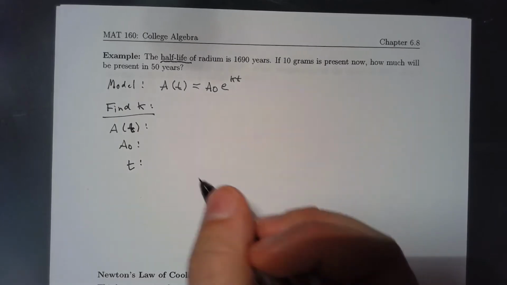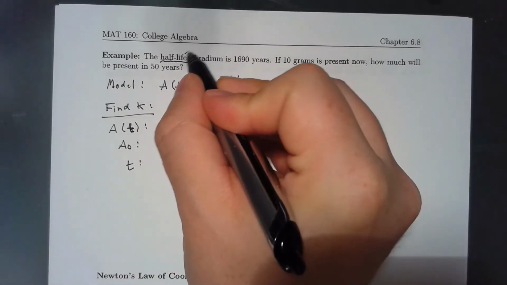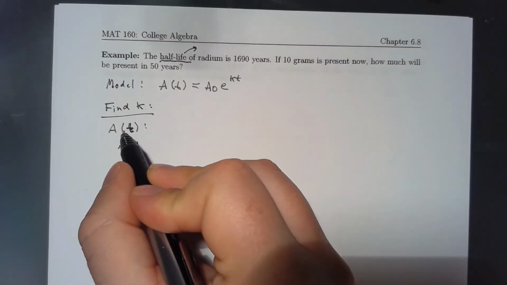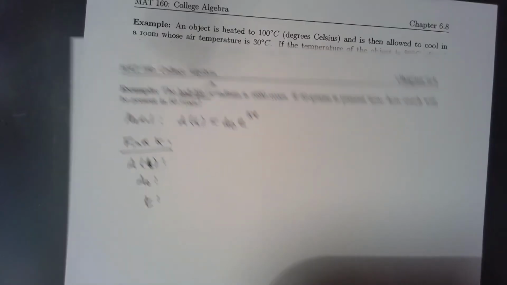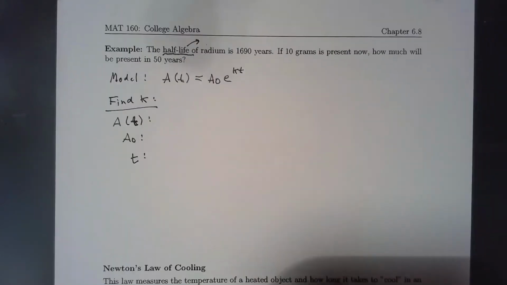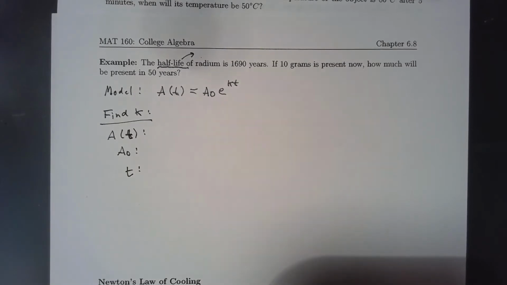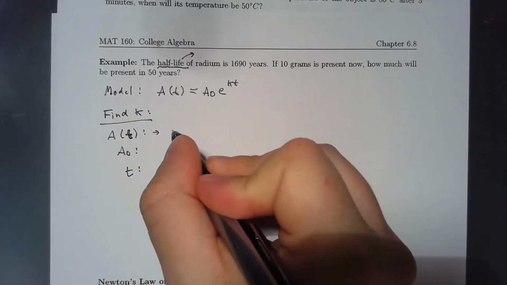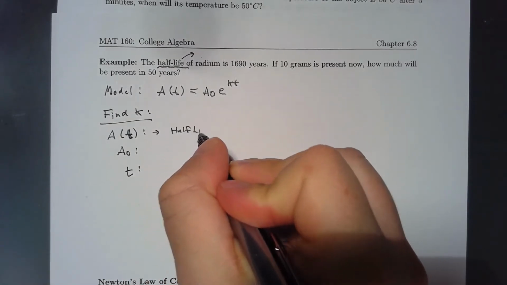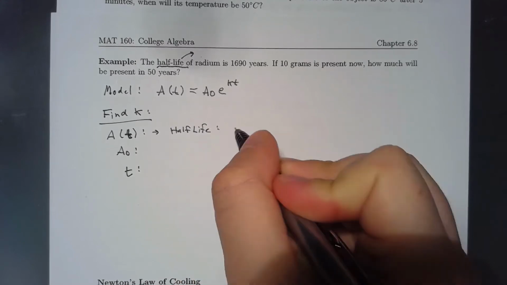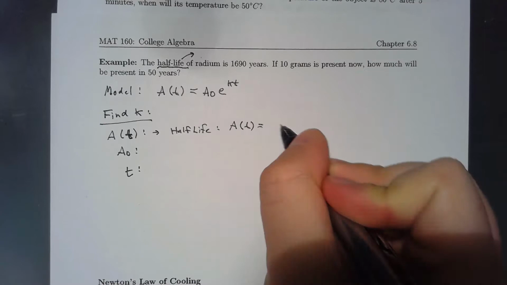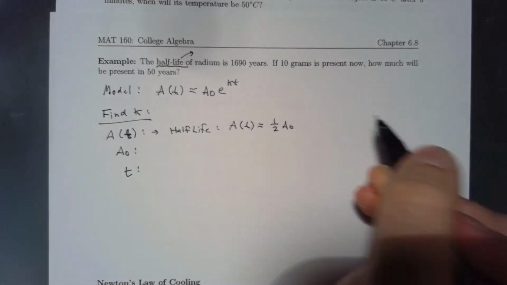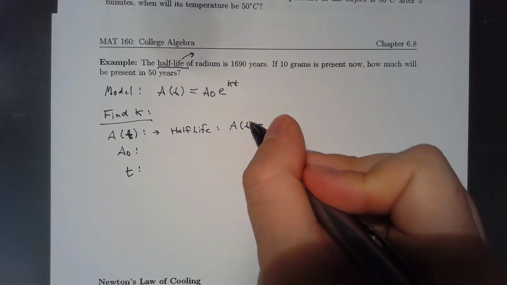So if I have a half-life, that means the amount at some function of time, because I have a half-life, that means A of t equals 1/2 of the initial amount. That's what it means when I say I have a half-life.